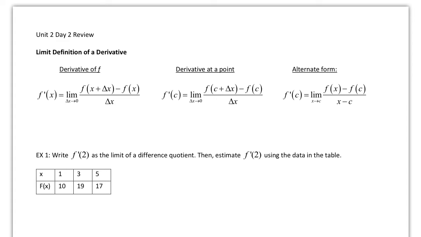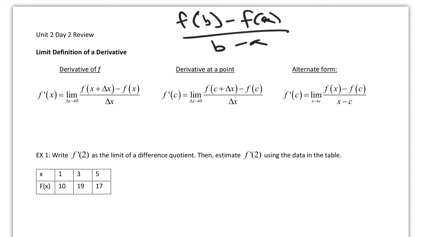The reminder, this is kind of coming from this idea of the difference quotient, where we had f of b minus f of a over b minus a. We can make that derivative more specific to be a derivative at a point, so then it's f prime of c, some specific x value, where those x's just change to c's, whatever number that is that you're trying to find the derivative at.